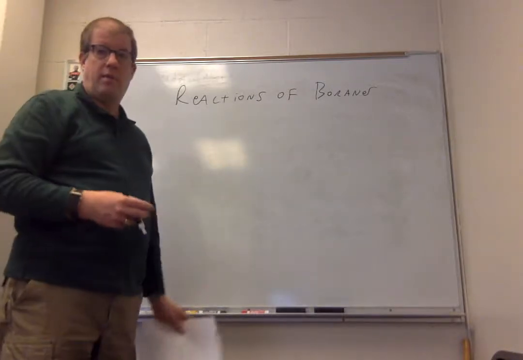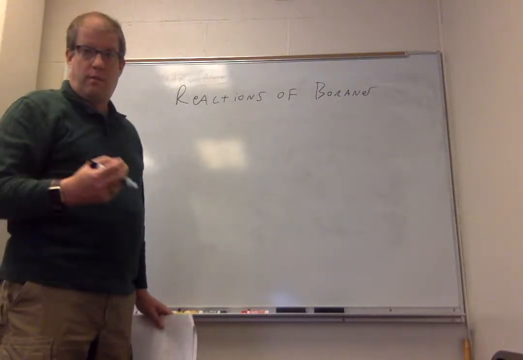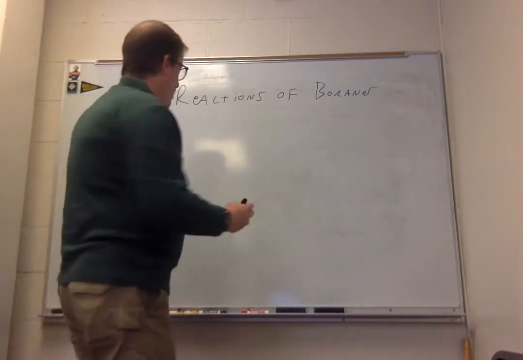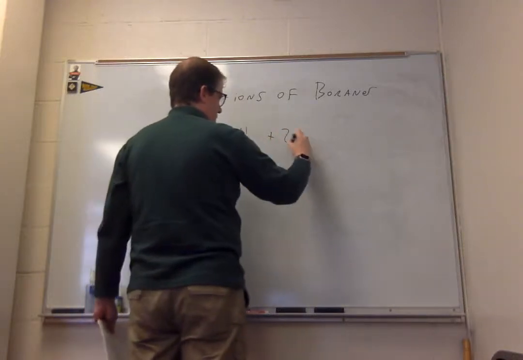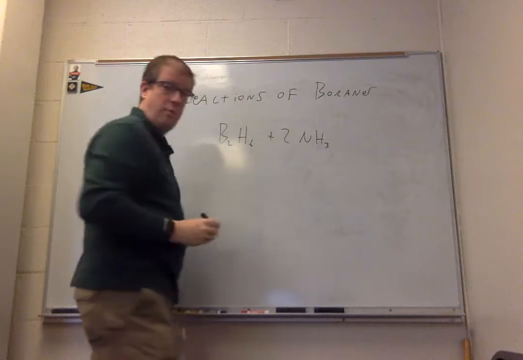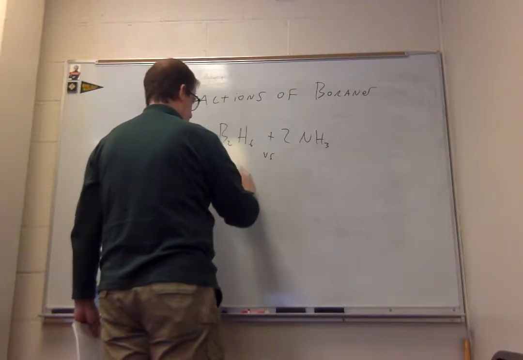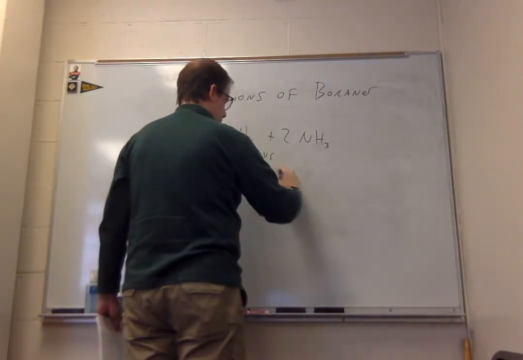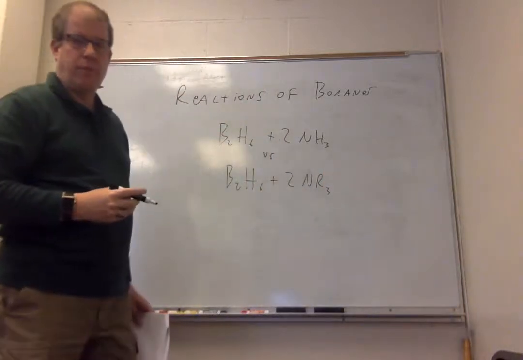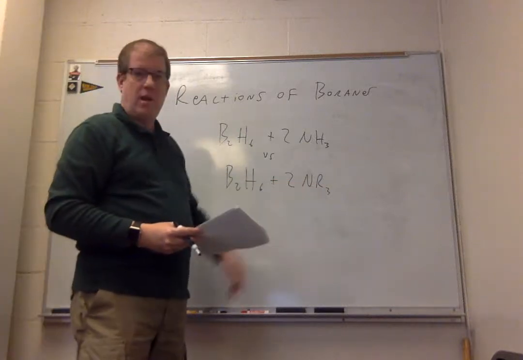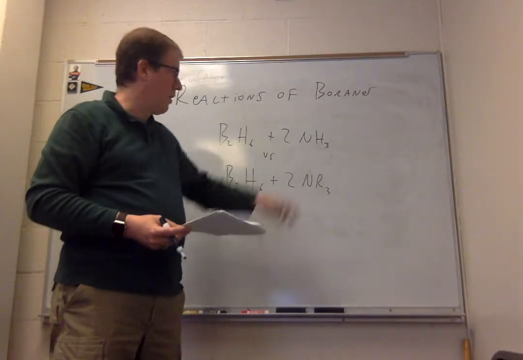Now, if you recall from class on Friday the 15th, and also Monday, that's the 18th as I'm recording this today, there's a difference in reactivity when you combine two ammonias with diborane versus an amine, where these R's can be any combination of hydrogen and an organic group, excluding 3 hydrogens.